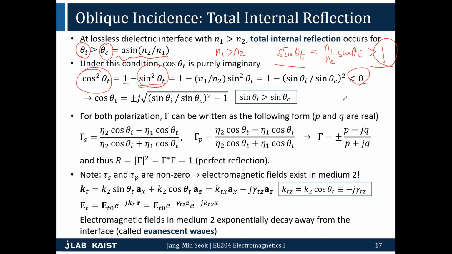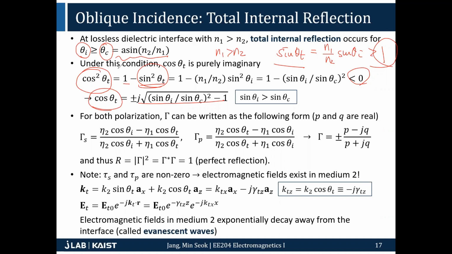So cosine theta t itself is a pure imaginary number. Let me know if this is unclear to you. But there's no problem just continuing these definitions into the complex plane, okay?